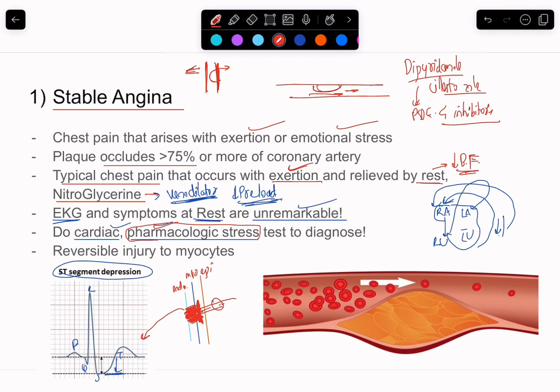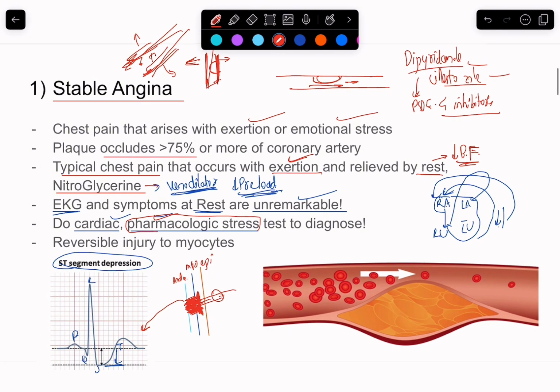Whereas other coronary arteries that are healthy can undergo vasodilation when you give this drug. So they will vasodilate, so they will take up more blood flow to their respective parts, and this atherosclerotic coronary artery will get even more reduced blood flow, and at that time you can see the symptoms in the patient. And this along with your cardiac stress test can be used as a test for diagnosing stable angina.